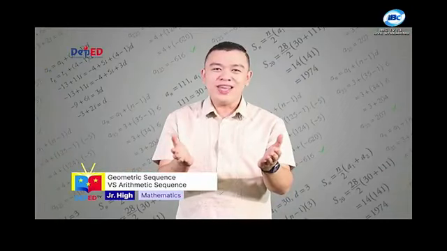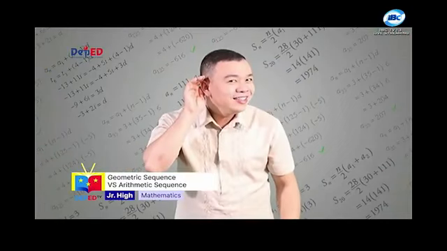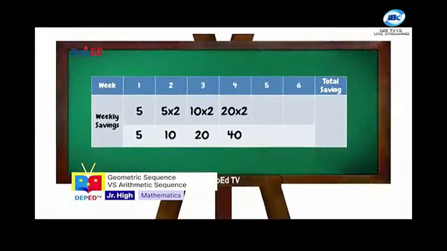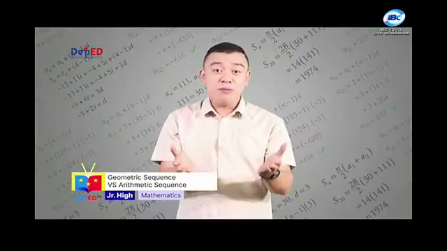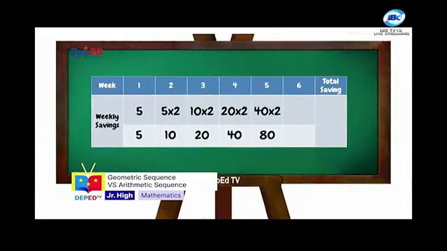How about on the fourth week? Yes, that's 20 times 2, which will give you 40 pesos for the fourth week. How about on the 5th week? Yes, that's 40 times 2, which will give you 80 pesos for the 5th week.